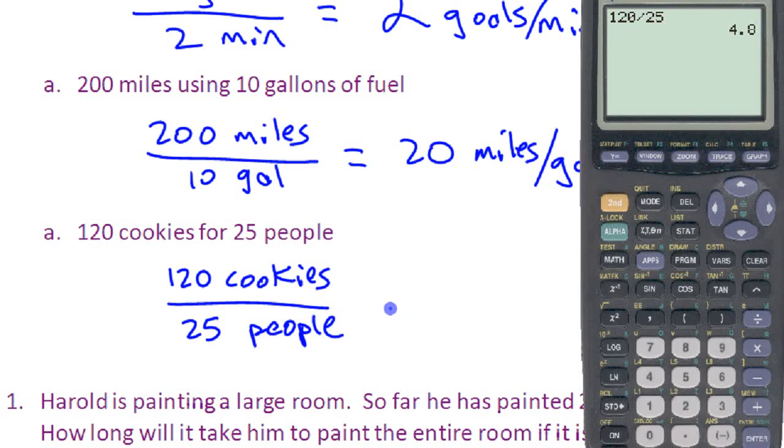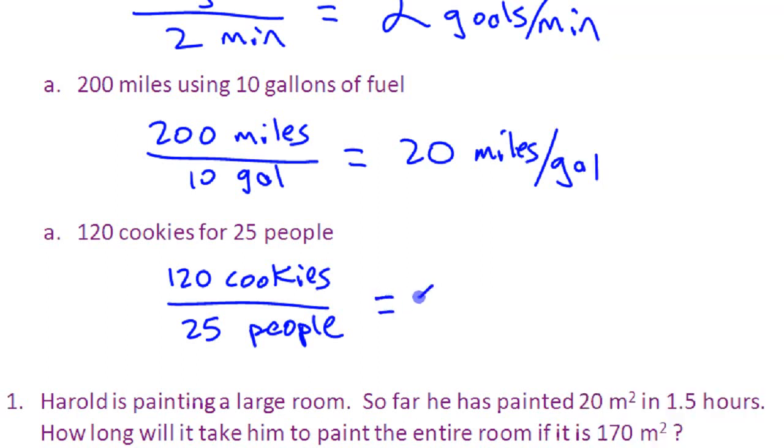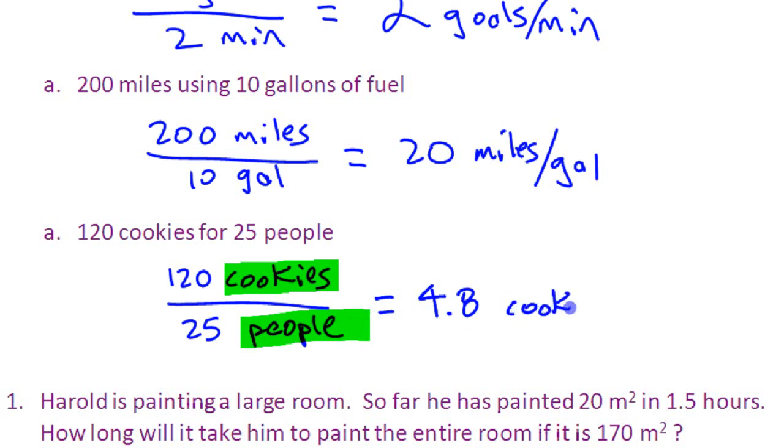So that's not a whole number, but it's still something, right? 4.8, what would the units be? Cookies per person. So that just means that if you have 120 cookies and 25 people, everybody gets 4.8 cookies. Probably you're not going to break a cookie up into 0.8 of a cookie and share it around that way, but on average, that's how much each person gets.